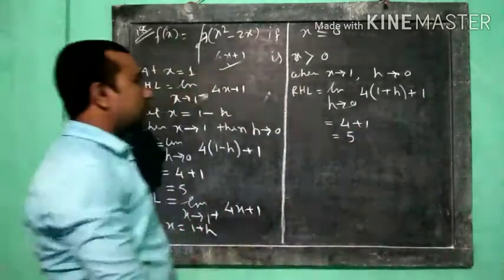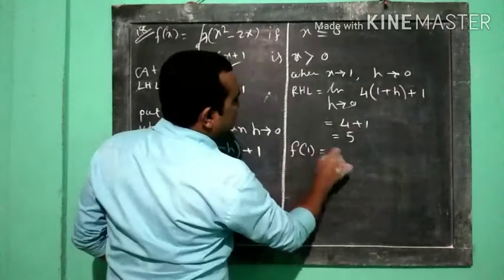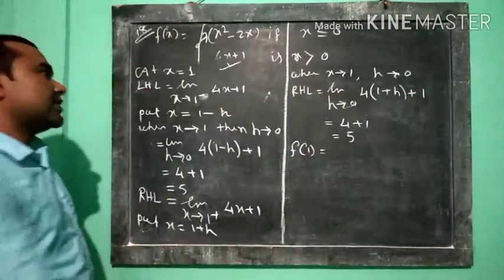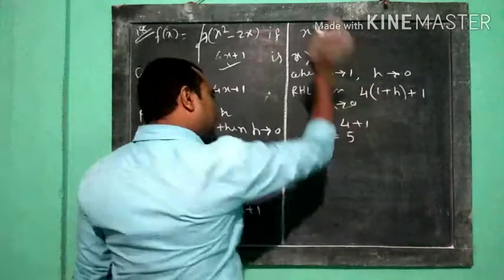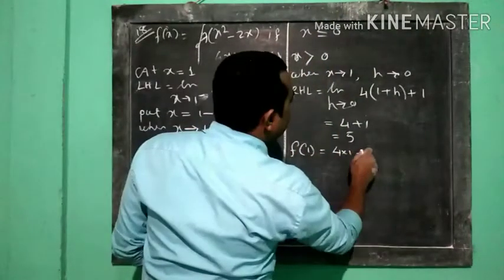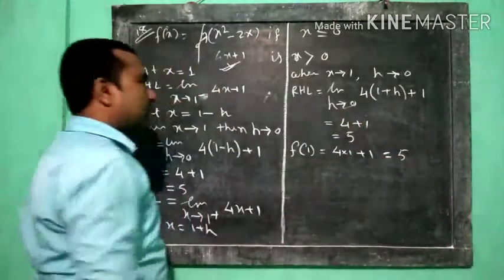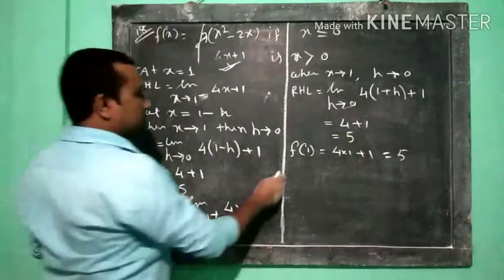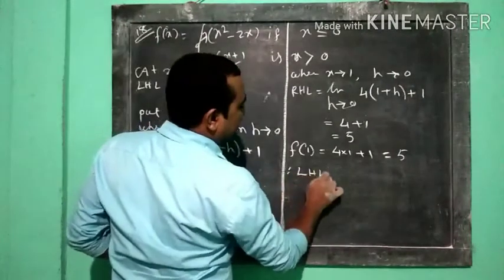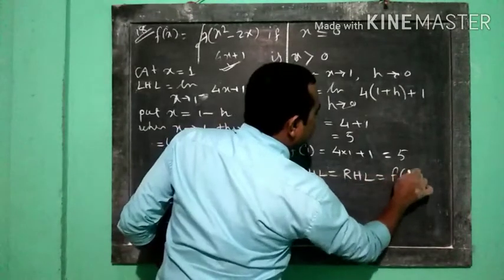Now we are going to find f of 1. f of 1 equal to what? Here x is greater than 0, so this is 4 into 1 plus 1, which is equal to 5. Therefore the left hand limit equals the right hand limit equals f of 1.